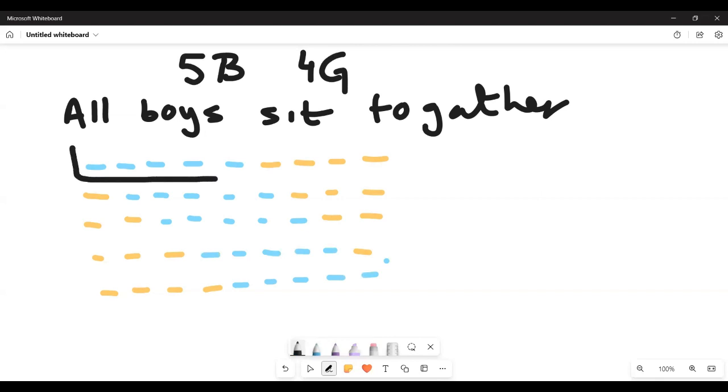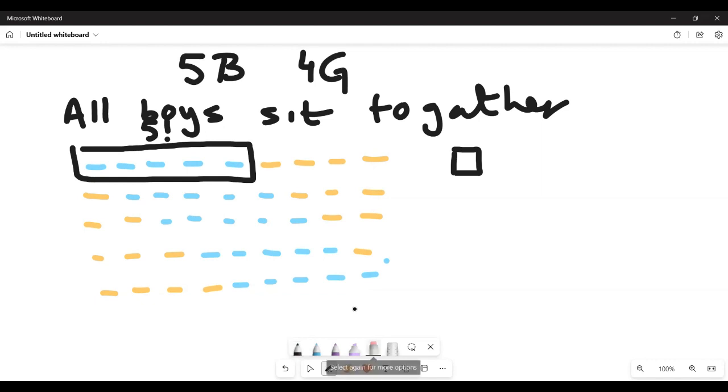This group has to stick together, so I'm going to call it one group. How many arrangements does this group have? It has 5 factorial arrangements, since 5 boys on 5 chairs have 5 factorial arrangements. So I'm going to call this a 5 factorial group.